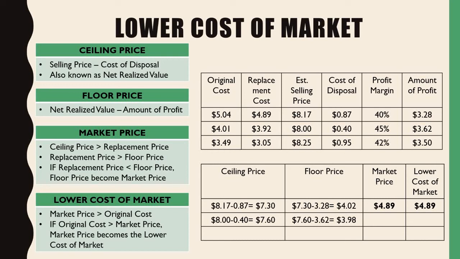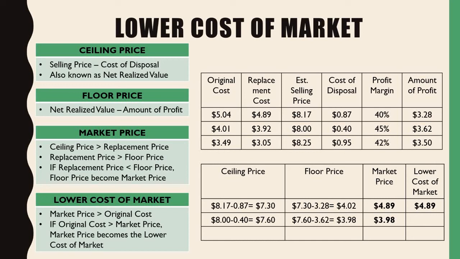Take all those three numbers and tell me which one is in the middle. 398. That is how you determine the market price: you organize the three numbers in order, and the one in the middle is the market price.